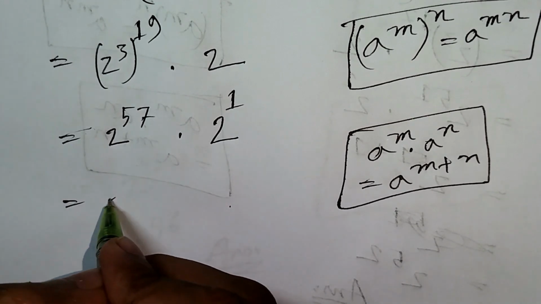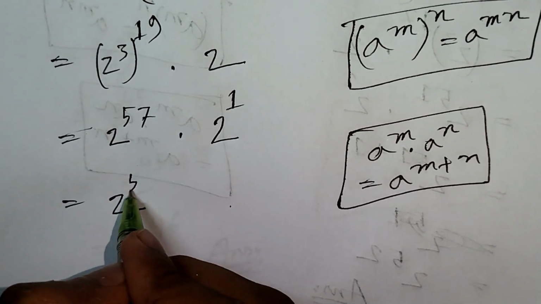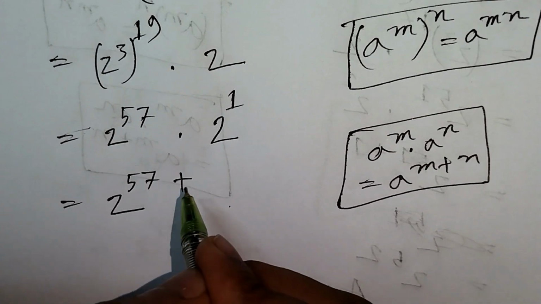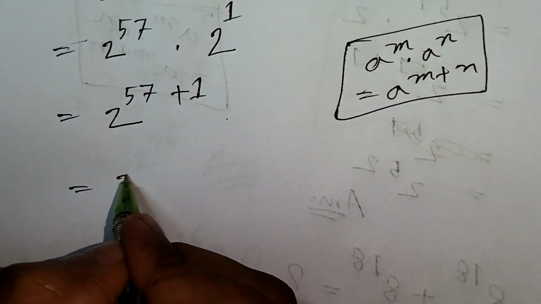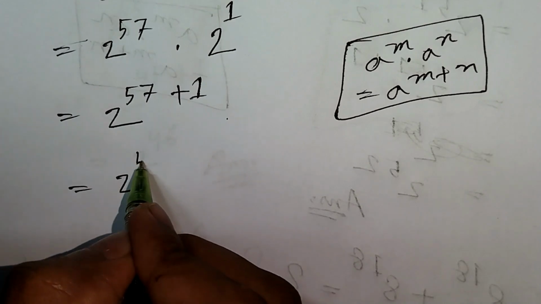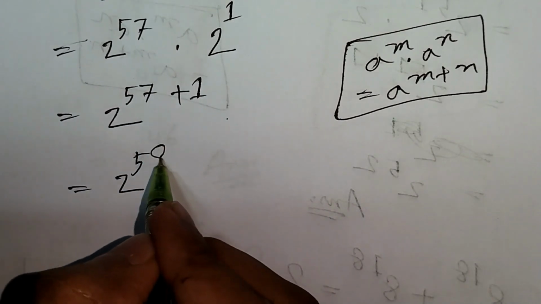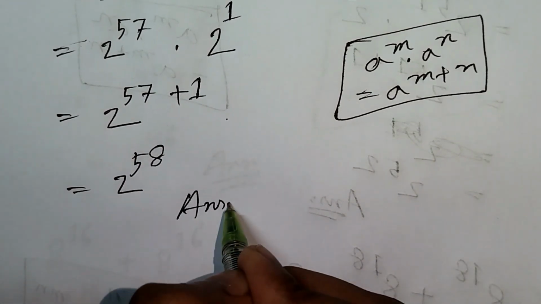So we can write 2^(57+1), so we can write 2^58. This is the final answer.